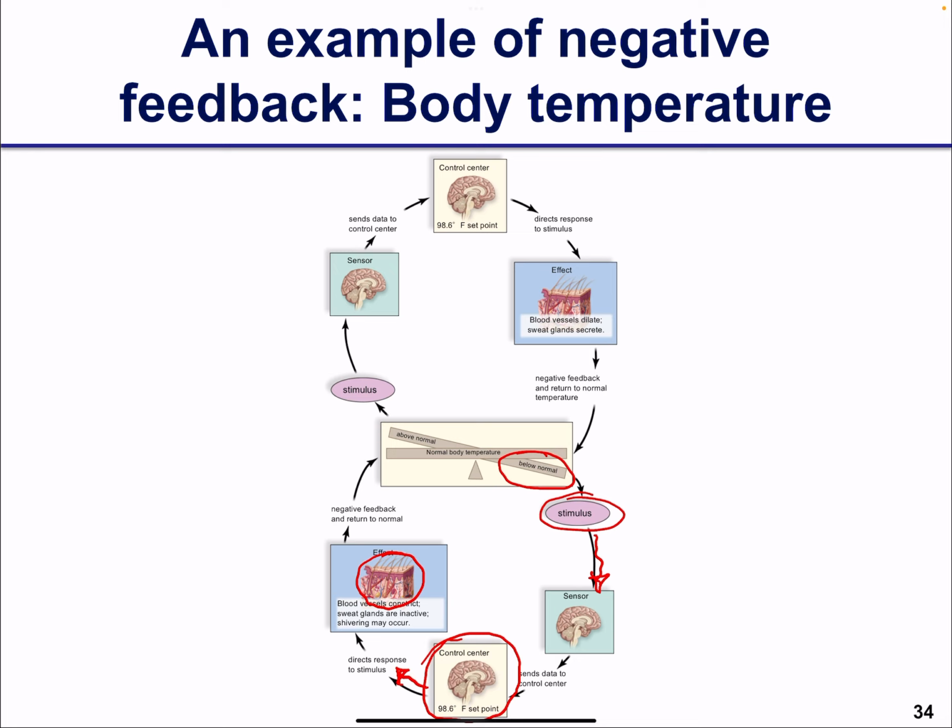In the skin, what is going to happen? The blood vessels in the skin are going to experience what we call vasoconstriction. That vasoconstriction is going to cause friction of the blood on the walls of the blood vessel, which is going to produce heat, right? The sweat glands are going to be inactivated, and you will start shivering.